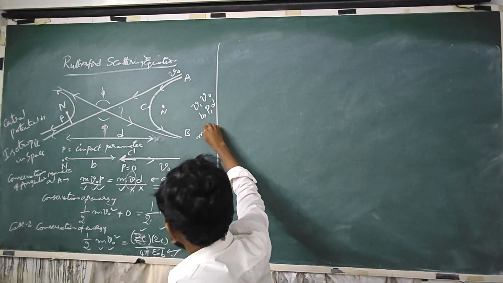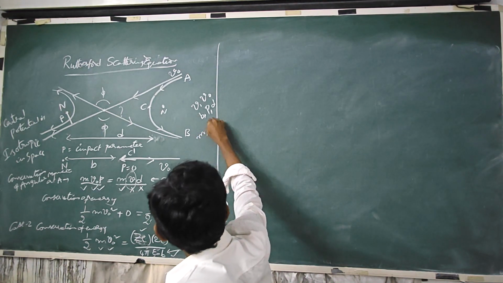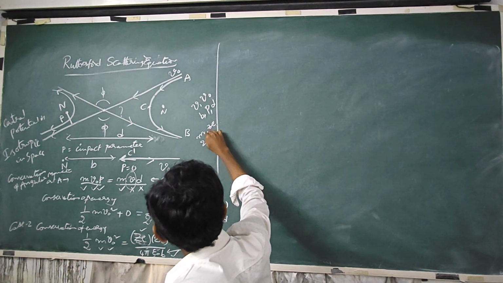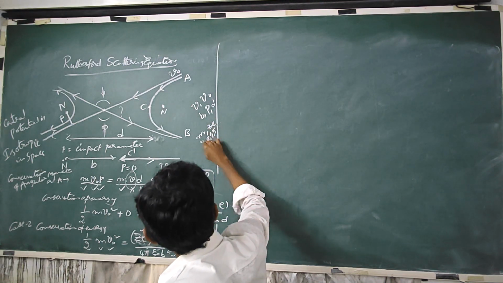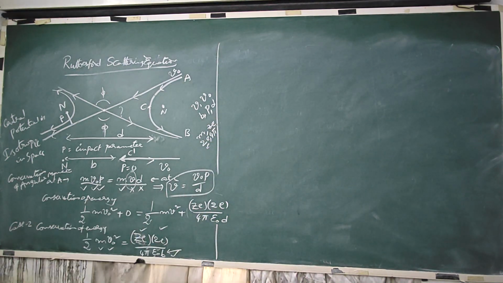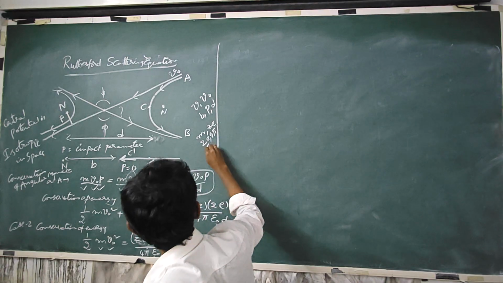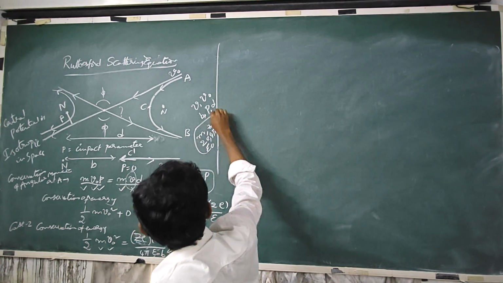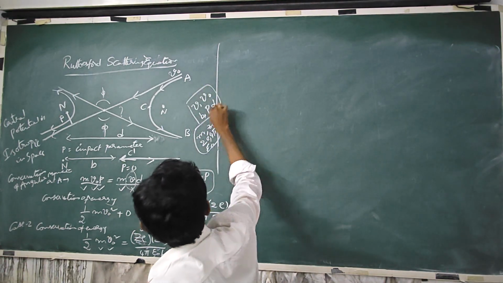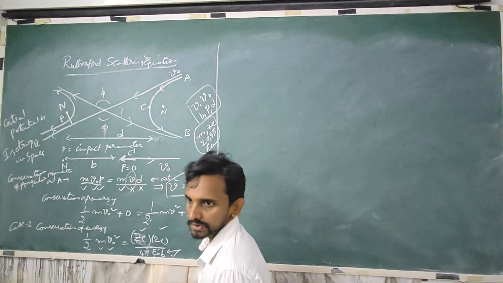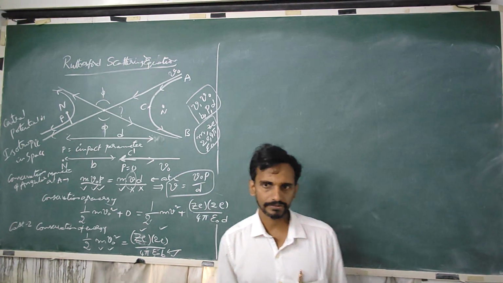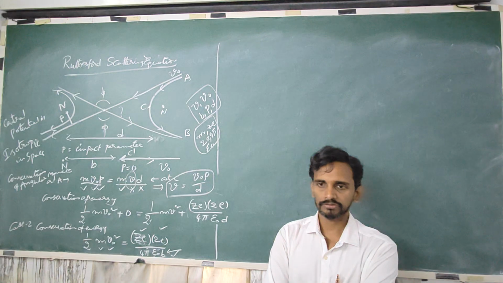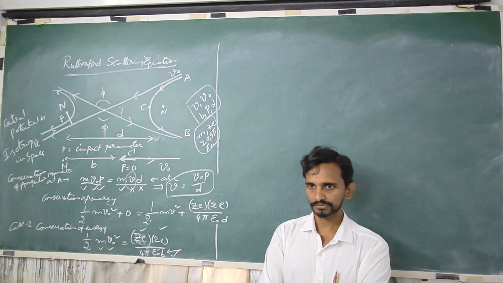What are the things? M, Jd, 2e, 4 pi, epsilon naught, all those are constants. So these are all constants, and we have 5 variables, and we got 3 equations.